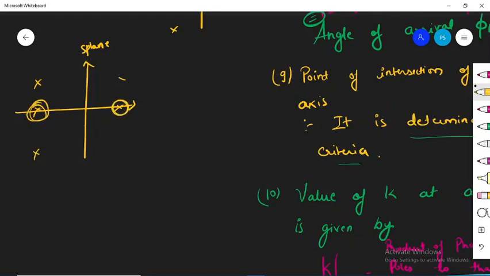If the pole, however, it moves to the right hand side, then the system becomes unstable. But if the pole is lying on the imaginary axis, okay, if a single pole is lying on the imaginary axis, then it will be marginally stable system. So imaginary axis is actually a boundary between this stable system and this unstable system.